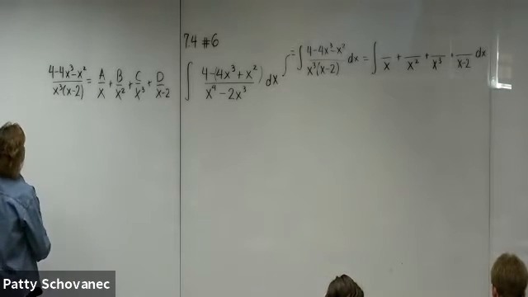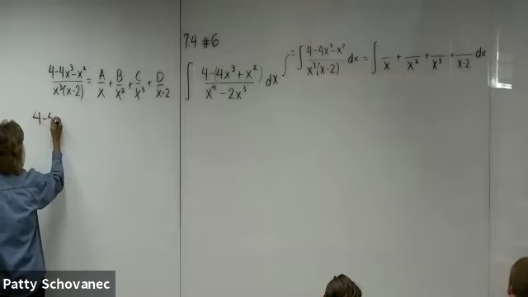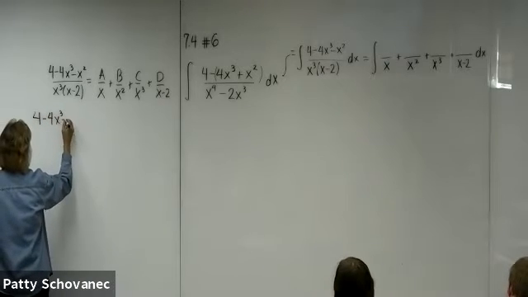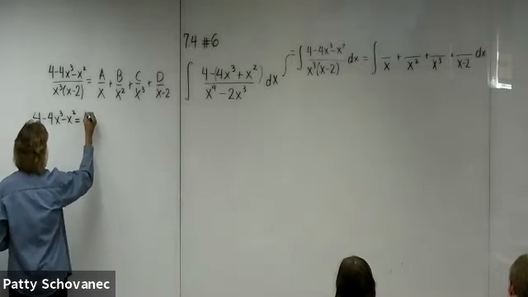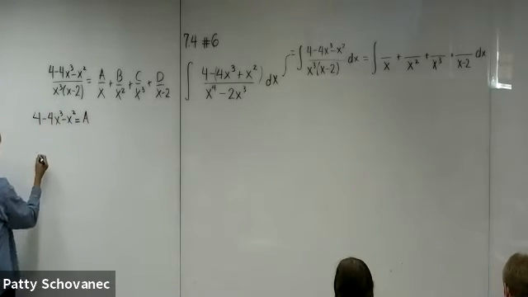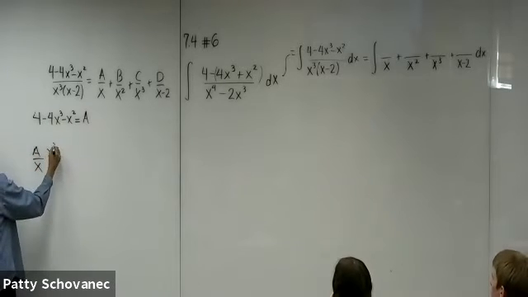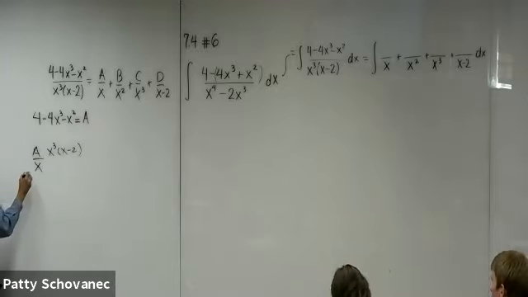Okay, so when we cross multiply here, can you tell me what cancels? What's the a going to be multiplied by? x squared, x cubed, and x minus 2. You got a little more than I want. Here's what you're canceling in your head. So it'd be an x times x minus 2.